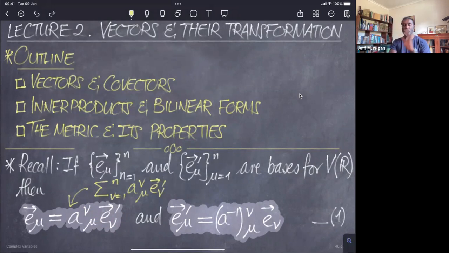Okay, so I'm just dropping that explicit sum by recognizing that anytime I see such a repeated index, I'm going to sum over it.